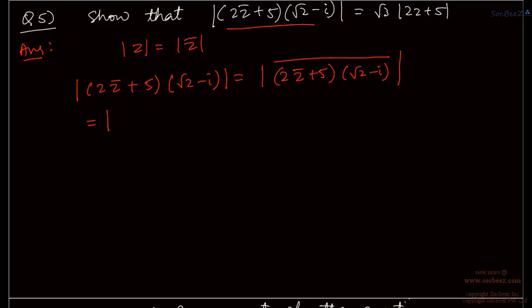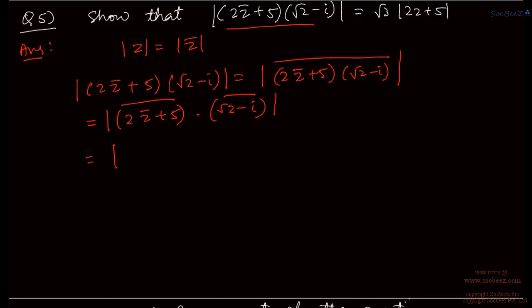The modulus can now be written as the conjugate of the first into the conjugate of the second. The conjugate of the first is 2z bar plus phi.